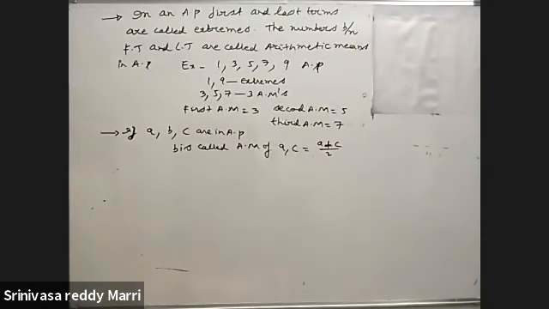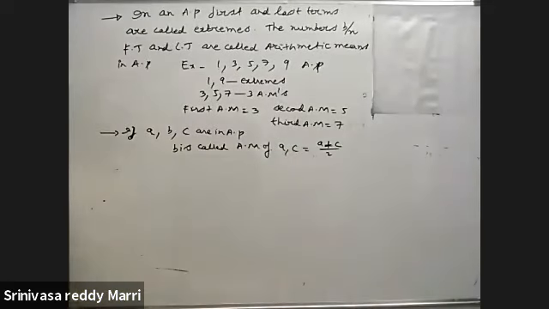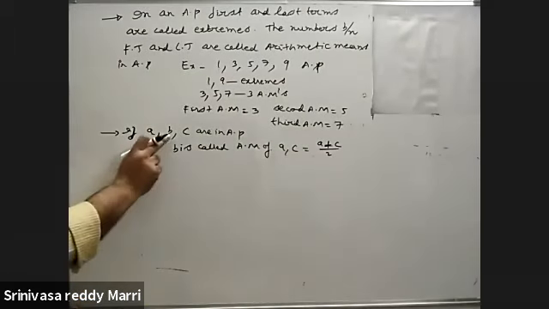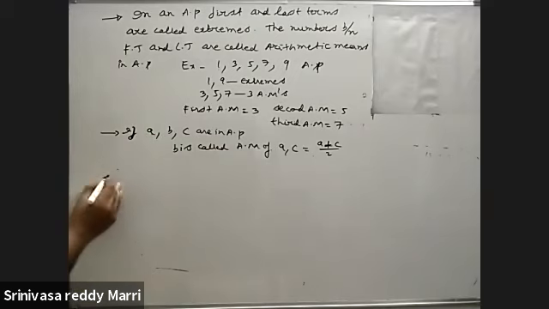Arithmetic mean means the sum of numbers divided by the total numbers. A plus C divided by 2. Or otherwise we will write that A plus C equals 2B. So there is only one number here. That's why only a single AM is there.